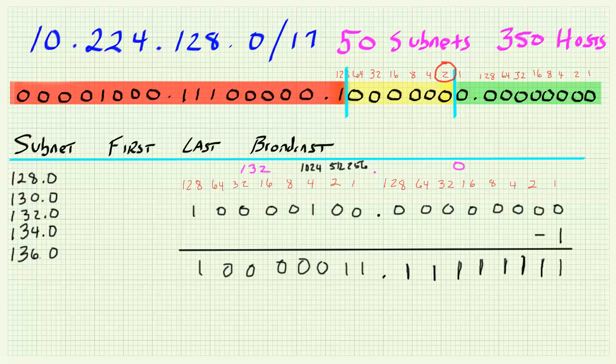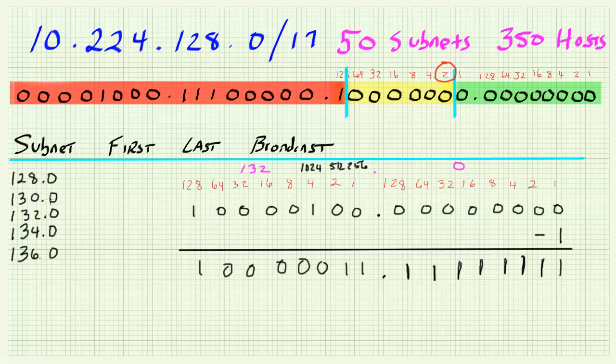So let's calculate the broadcast for the next subnet. You'll see that I've reoriented the whiteboard here just a little bit, and you'll see that we now have the 132.0 subnet so that we can calculate the broadcast for the 130.0 subnet.